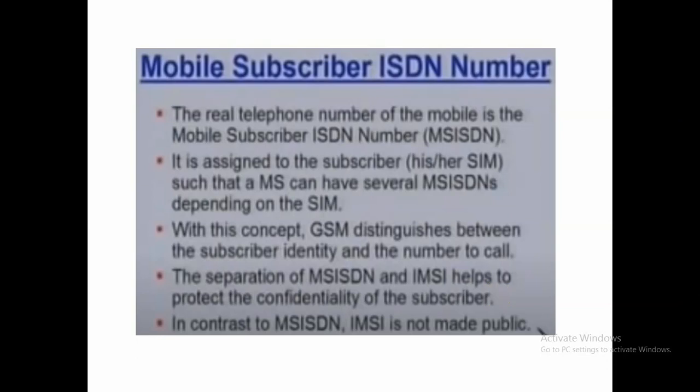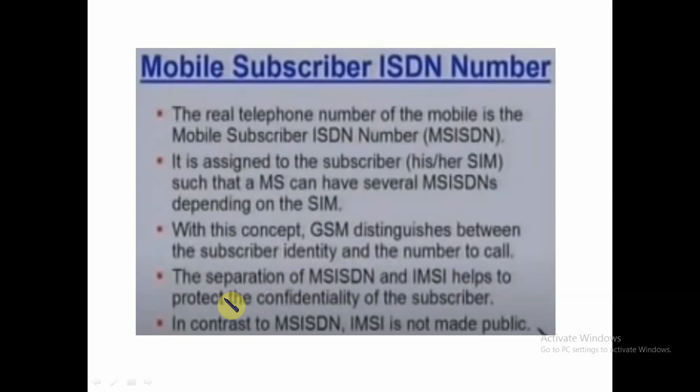It helps to protect confidential data. So a subscriber can hold several MSISDNs for the selection of different services. This is one of the features provided by GSM.